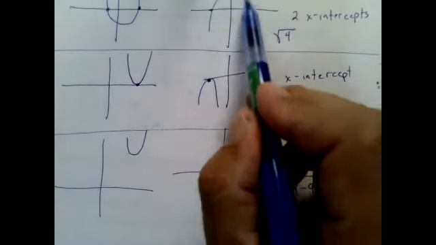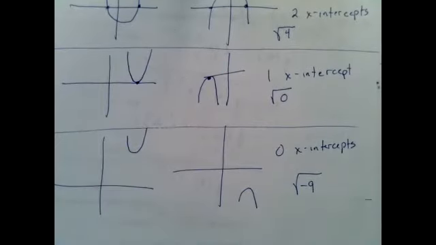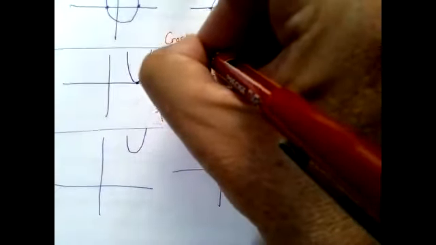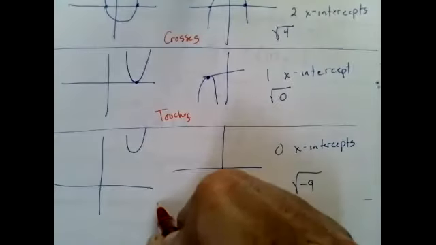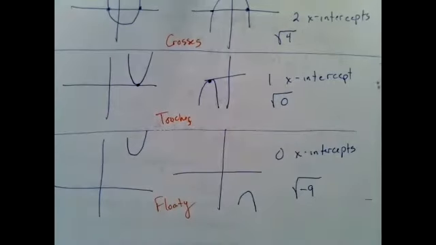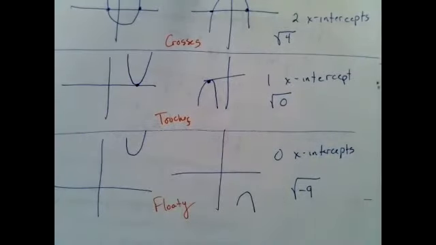These guys, they cross the x-axis. That guy's a floaty. Touches, crosses, none. Floaty kind of deal. Okay, so it's all based on what happens in that square root.